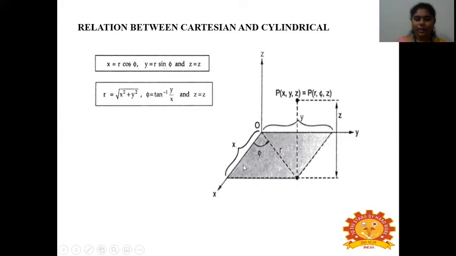By considering this triangle, it will be root of x square plus y square, this will be tan inverse of y by x, and the third coordinate z will be equal to z. So this is the relationship between the Cartesian coordinate system and the cylindrical coordinate system. Problems may be asked by giving any one of the coordinate systems and asking you to convert to the other coordinate system. So this is the formula you have to use for that.